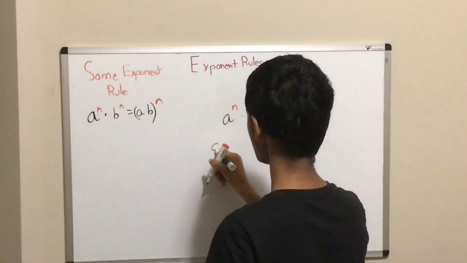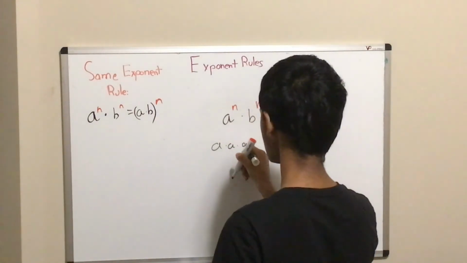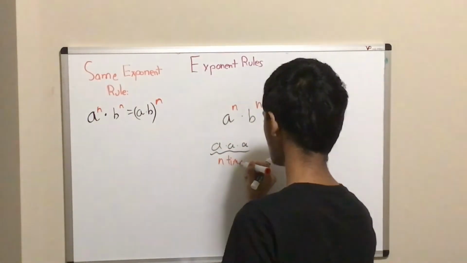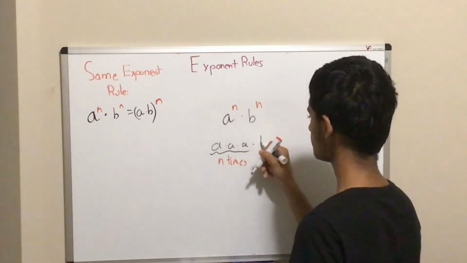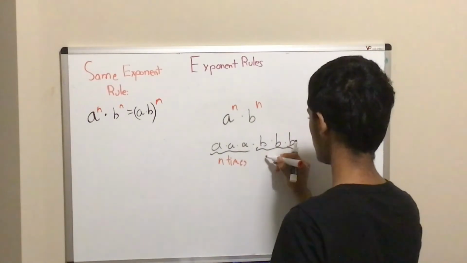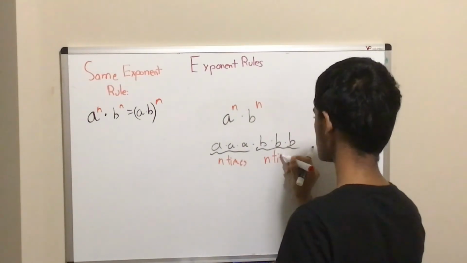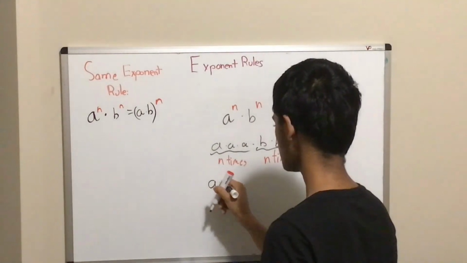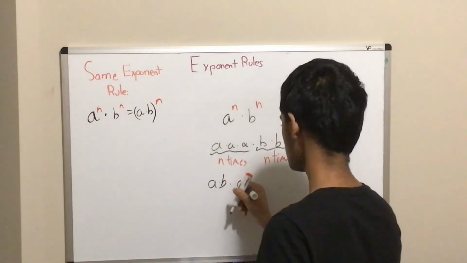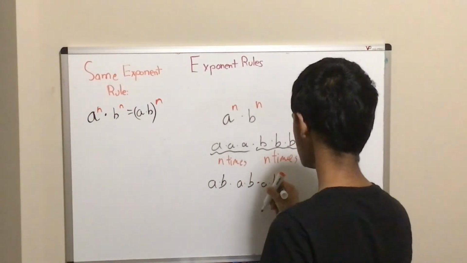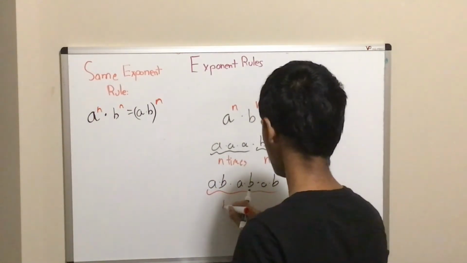So we're going to have a times a times a n times, and we're going to multiply that by b times b times b n times. And then we can rearrange this as a times b times a times b times a times b, all of this n times.